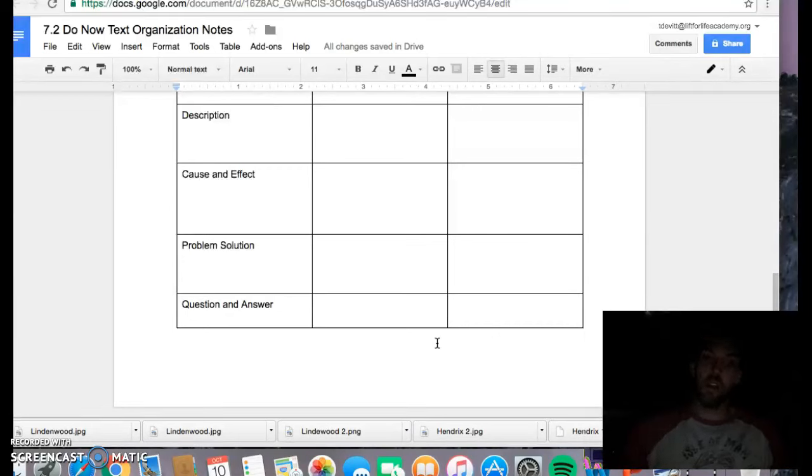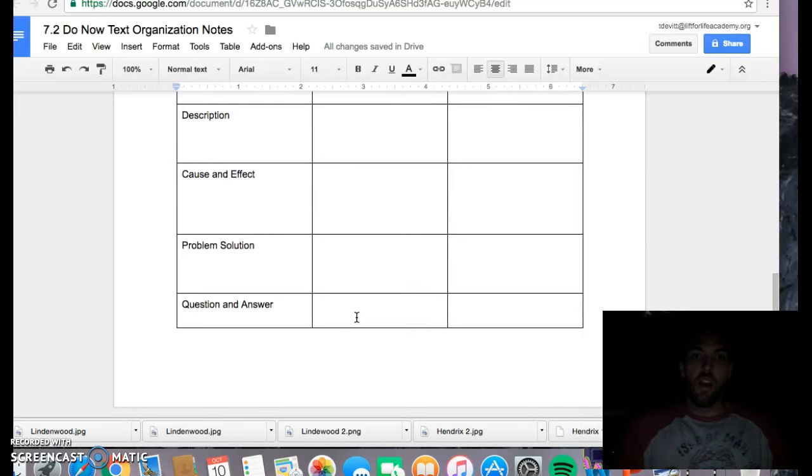The interviewer will ask the question. The person, usually a celebrity or somebody famous that you care about their answer, will be giving the answer. The definition is pretty simple. It's one side asking a short question, the other side giving a long, more detailed answer. That's the question and answer format.